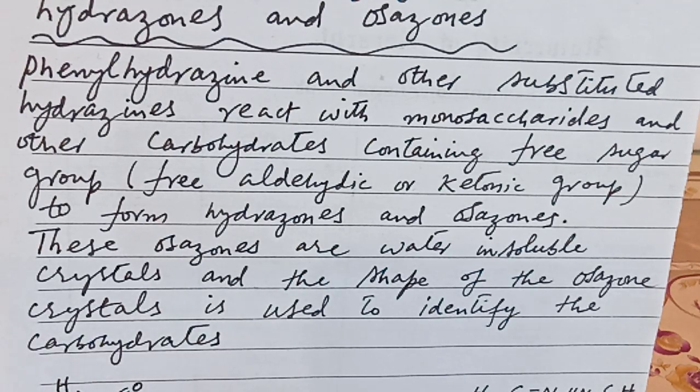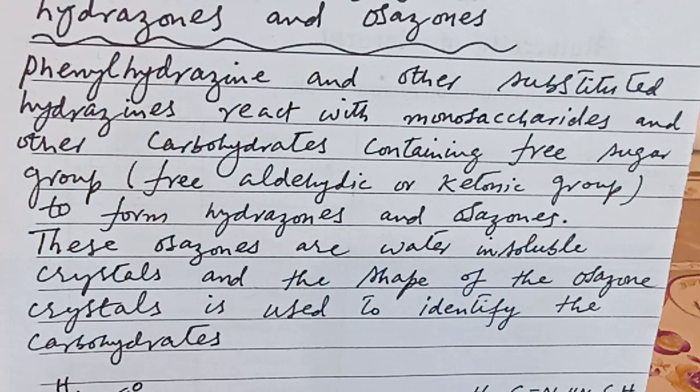It is not necessary that reactions of monosaccharides are also specific, that phenylhydrazine will always react with the monosaccharide glucose. No. Galactose can also react, and lactose, maltose, because these are the reducing sugars. They are also, because they have the free anomeric carbon atom.